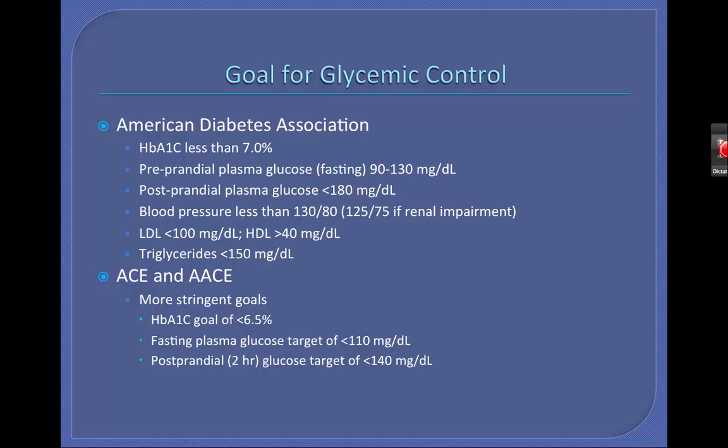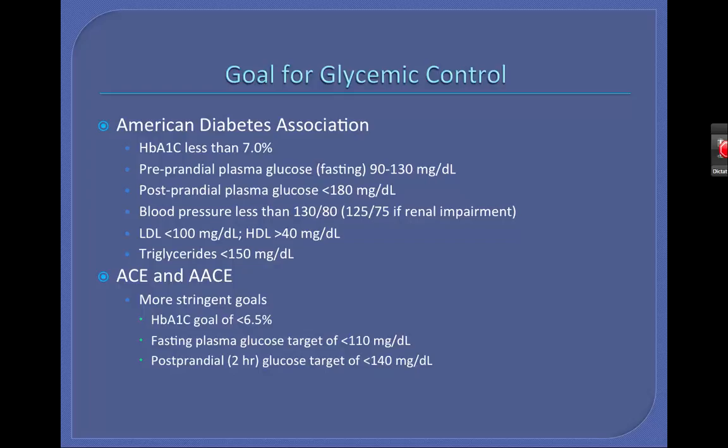American Diabetes Association goals: hemoglobin A1C less than 7, preprandial plasma glucose 90 to 130, postprandial plasma glucose less than 180. Blood pressure less than, again, 140 over 90. Forget the 130 over 80 and 125 over 74; those were old, but it's interesting to see the comparison.